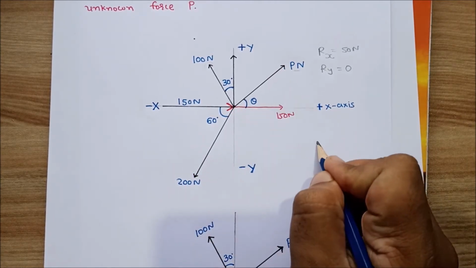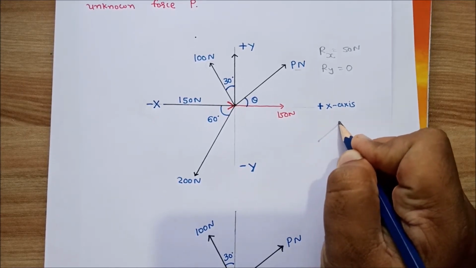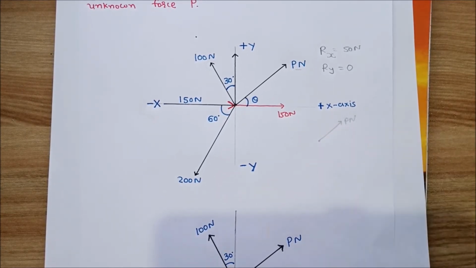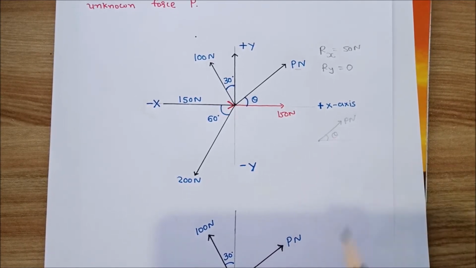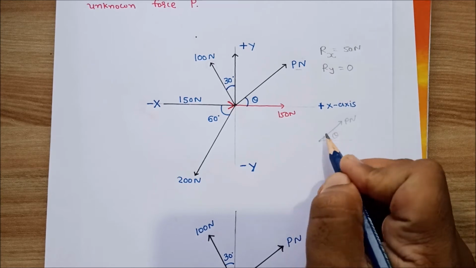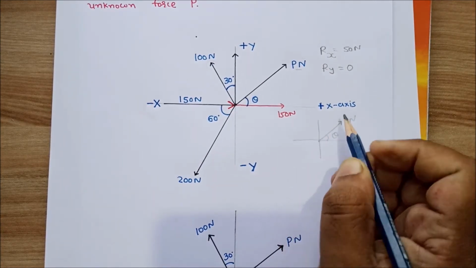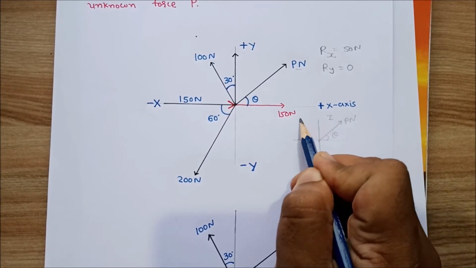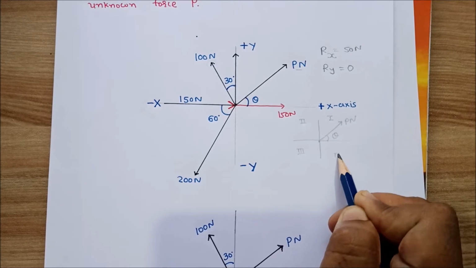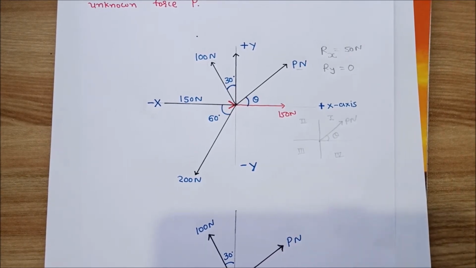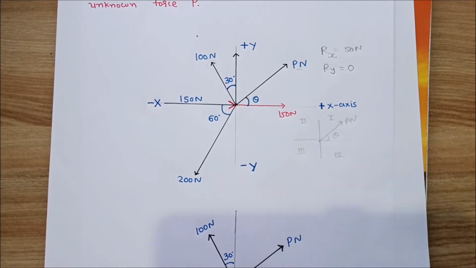So we draw one point and draw the P Newton force, and this angle is theta. First divide this point into four quadrants: first quadrant, second quadrant, third quadrant, and fourth quadrant. Here the P Newton force acts in the first quadrant.